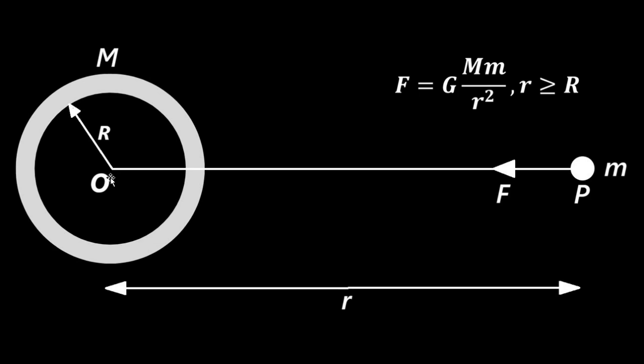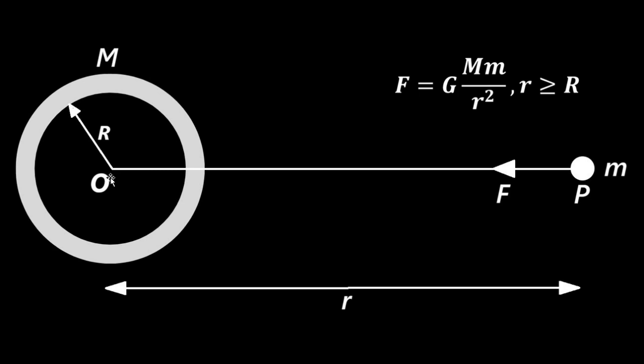That is the concept of point mass. That's why, in the characteristics of gravitational force that we discussed, the gravitational force of attraction is applicable only for point masses, and is a central force. It always acts along the line joining the centers of two objects.